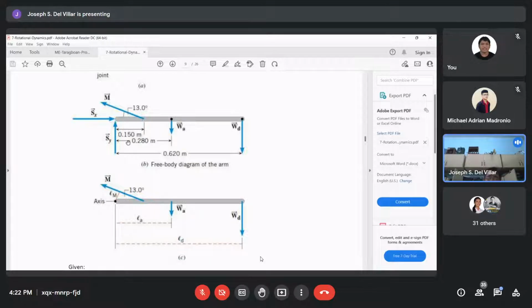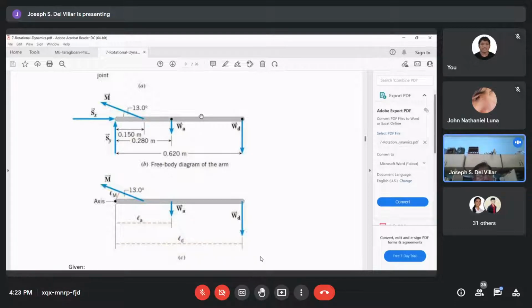Di ba kanina, halimbawa, gusto kong gamitin ang 0.15 as the lever arm. Anong gagawin ko sa force? I need to what? Para magamit yung 0.15 na lever arm, anong gagawin mo sa force M? We what? Kunin, sir, yung vertical component.